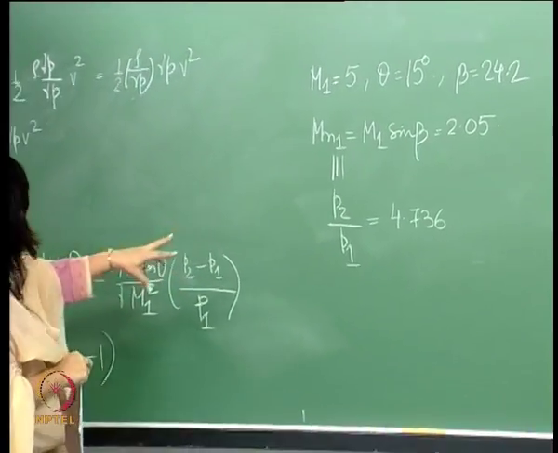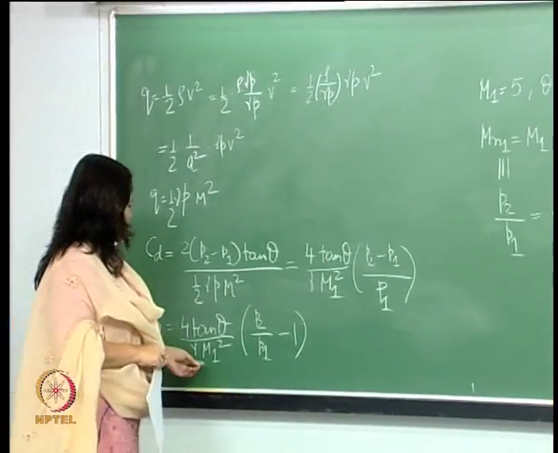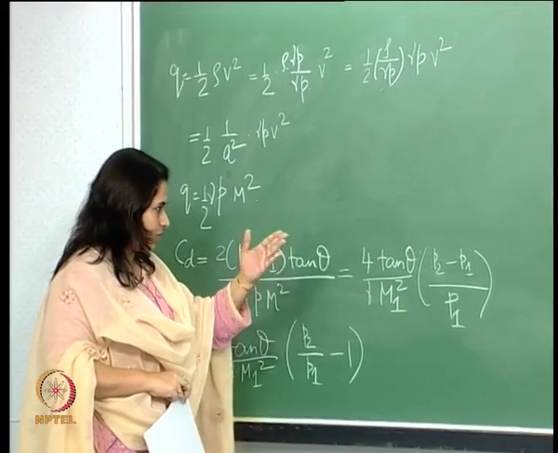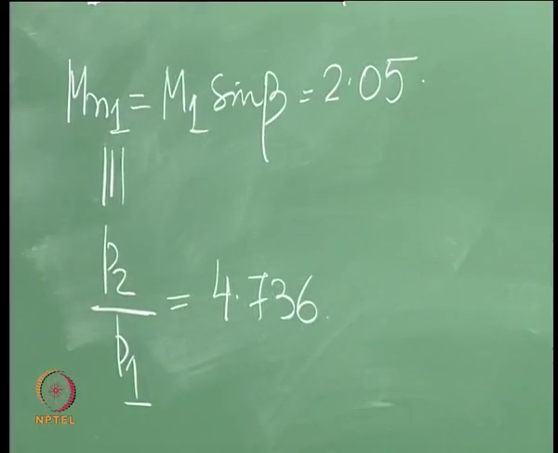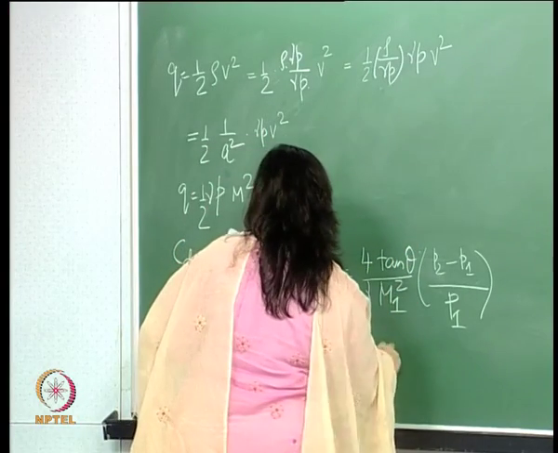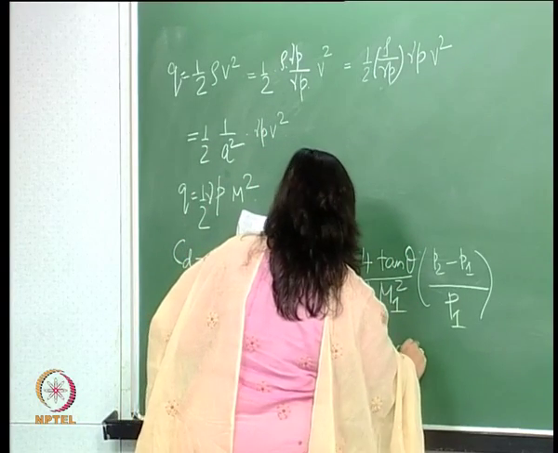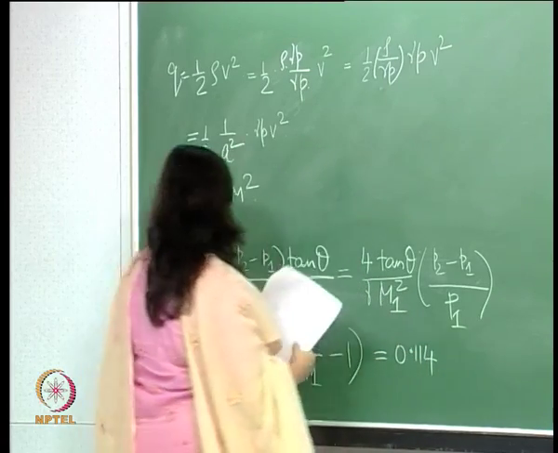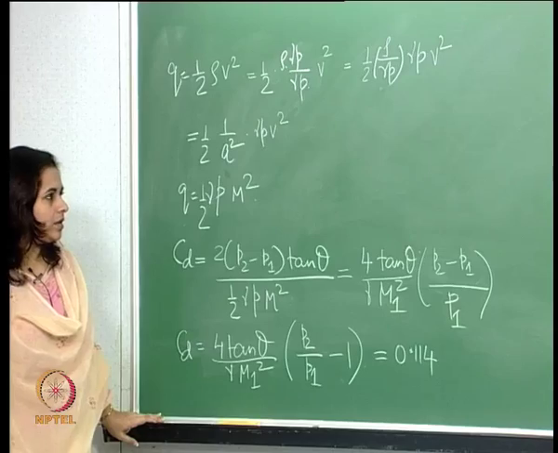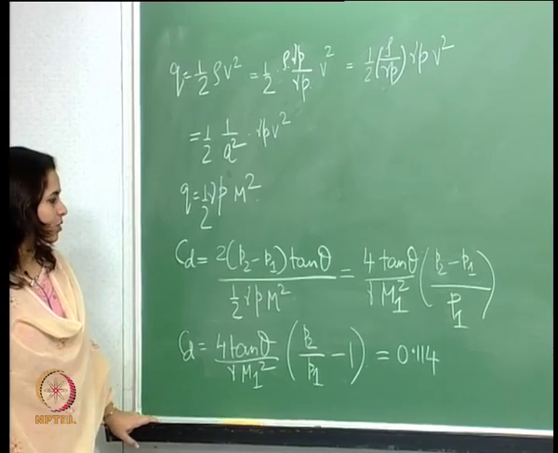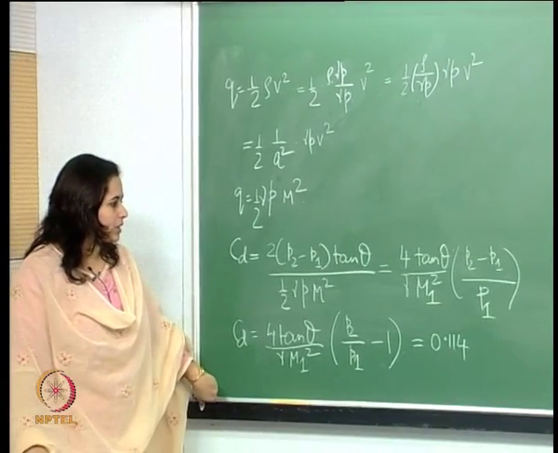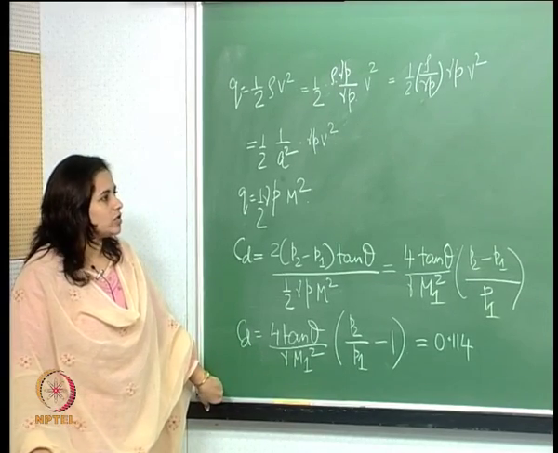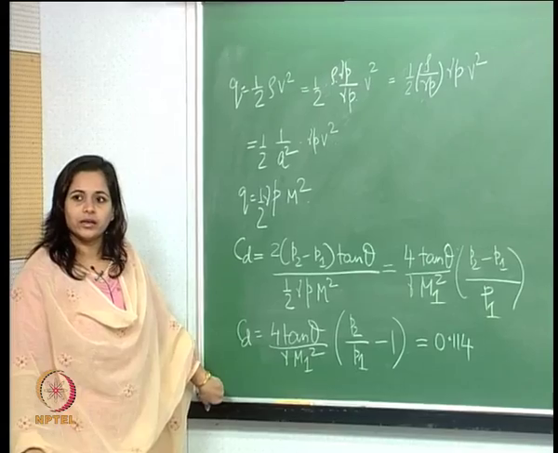Now we take that: we have M1 is 5, P2 by P1 is 4.736, and theta is 15. So what we get from here is 0.114, right? So there is no D'Alembert's paradox here. We have a finite CD, and this is essentially called the wave drag.